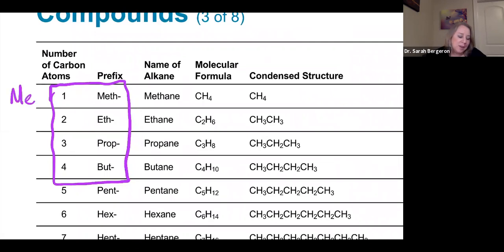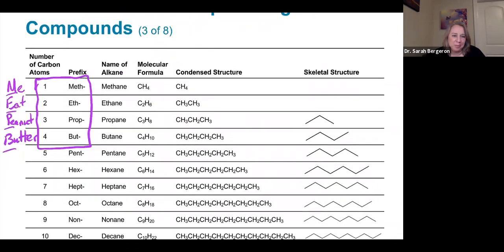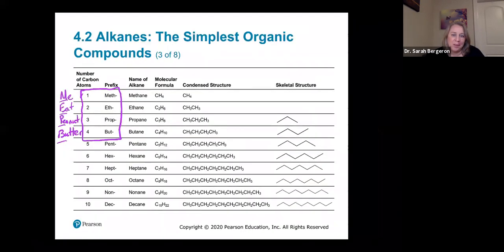I say, me eat peanut butter. So methane, ethane, propane, butane. Me eat peanut butter. It helps you remember the first 4, okay? And then the rest of them you'll remember from your covalent compounds.